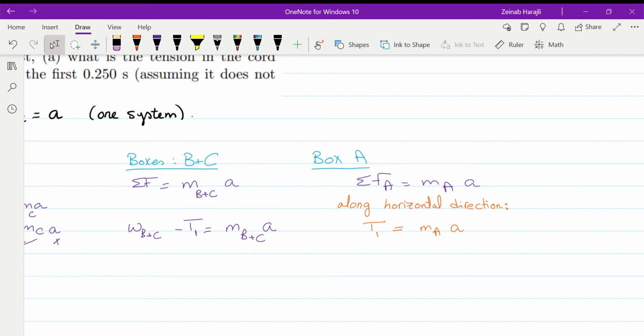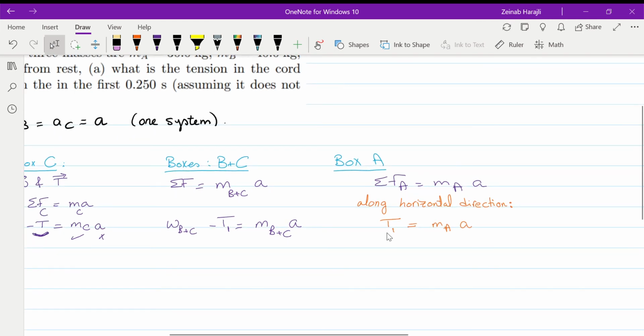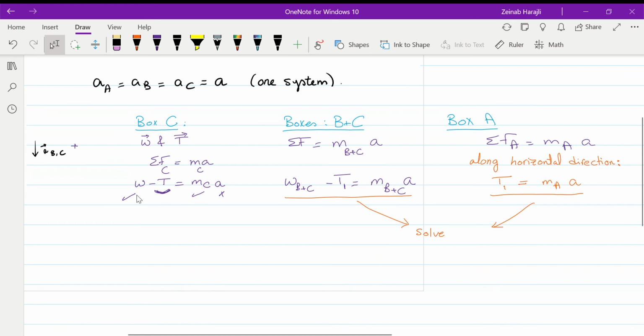So now we got an equation with T1 and the acceleration here, and T1 and the acceleration here. We can solve these two equations to get the acceleration and then substitute the value of the acceleration in Newton's law for box C so that we can find the value of the tension between boxes B and C. So here let's solve for a. I will substitute the value of T1 in the other equation.